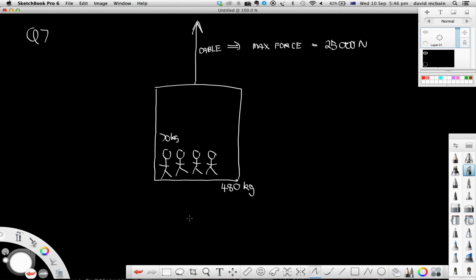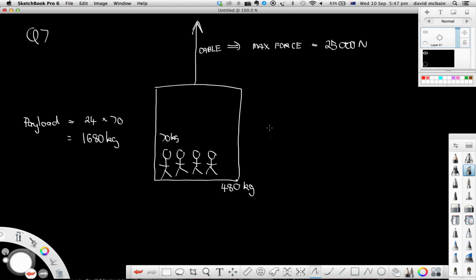So that means that the maximum payload, which is what is being carried in the elevator, is 24 people multiplied by 70, which is 1,680 kilograms.